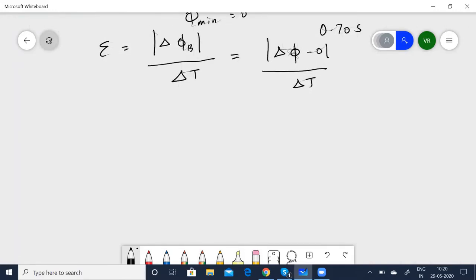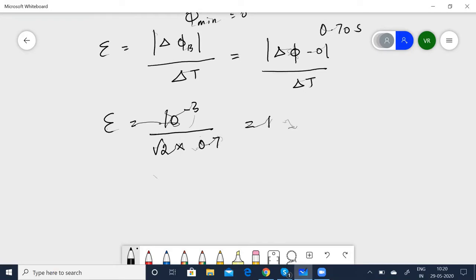It gives you E is equal to 10 to the power of minus 3 divided by root 2 into 0.7. So that gives you 1.0 mV.